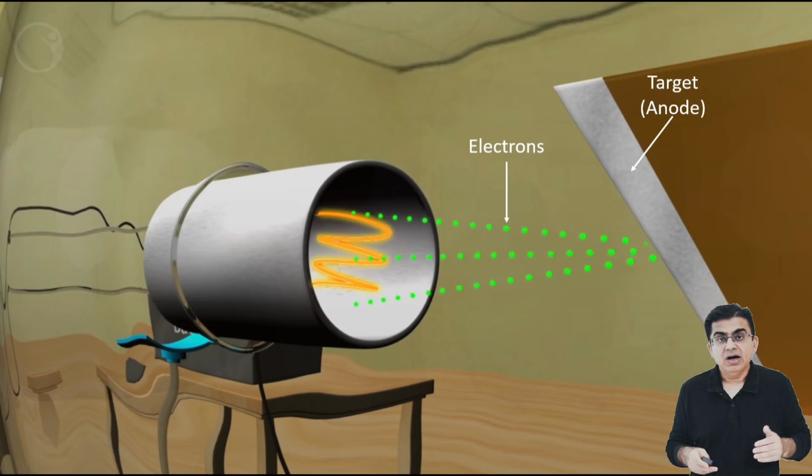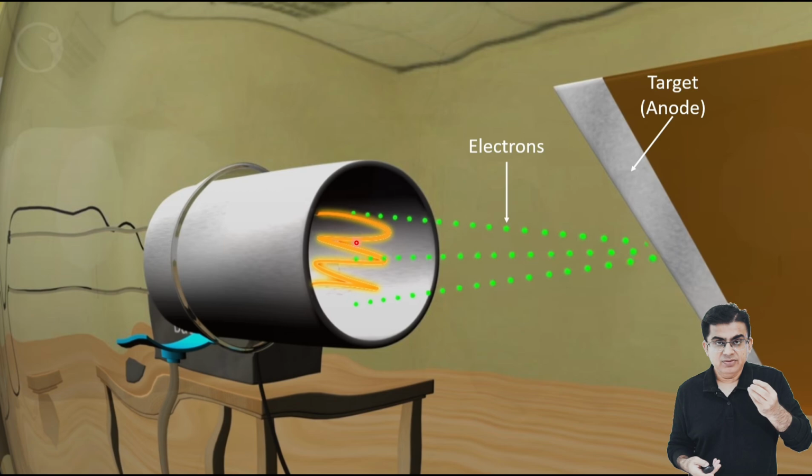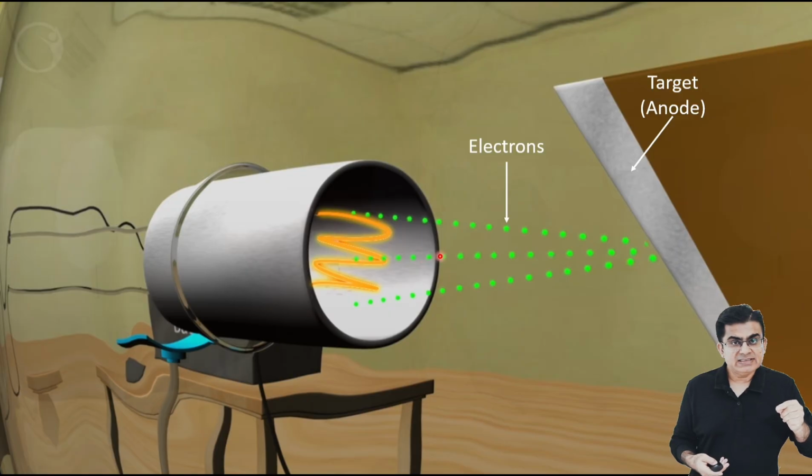You saw how electrons are generated by heating the copper filament, concentrated in the center by the negatively charged focusing cup made of molybdenum, forced to accumulate in the center as a pencil beam, then accelerated towards the positively charged tungsten anode and hit the target.